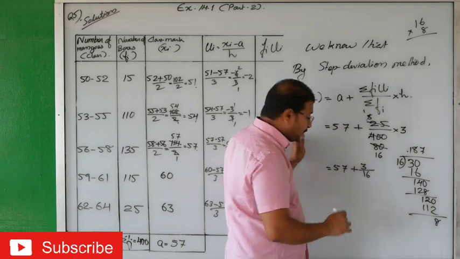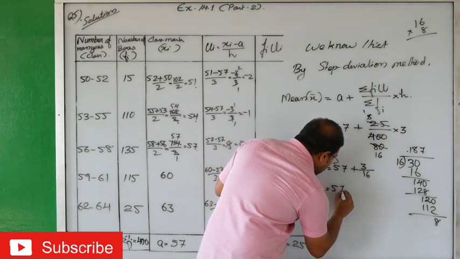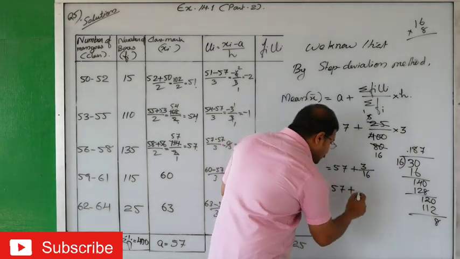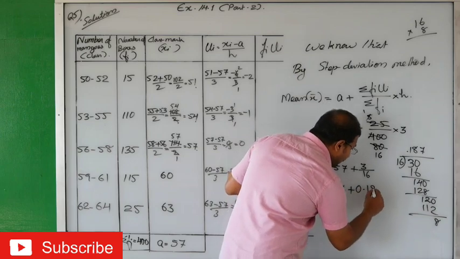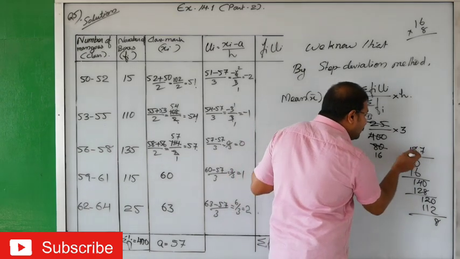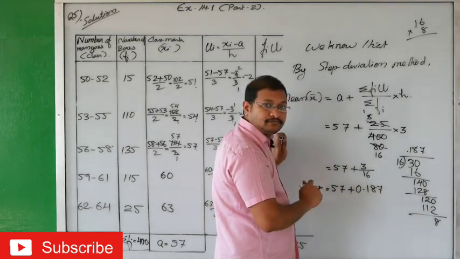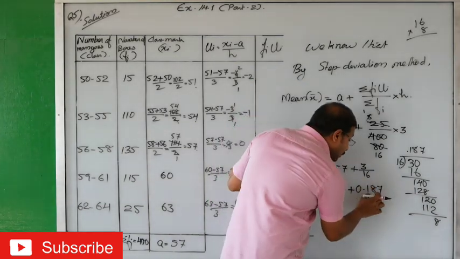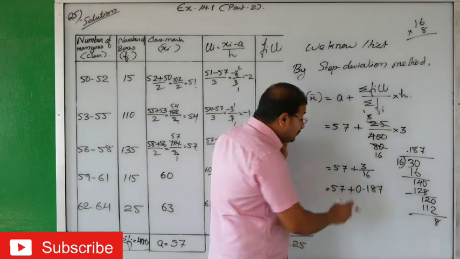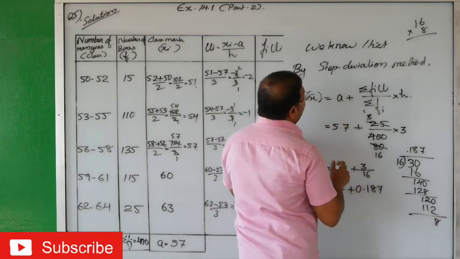Now you got 0.187. Ready? So we'll write 57 plus 0.187, because before the point you can put 0. But we have to take only 2 digits. That means we will correct to 2 digits.